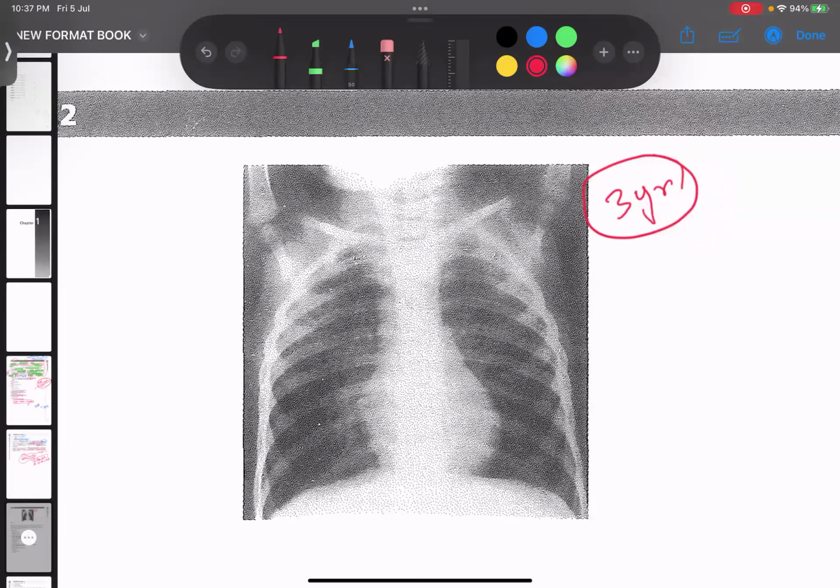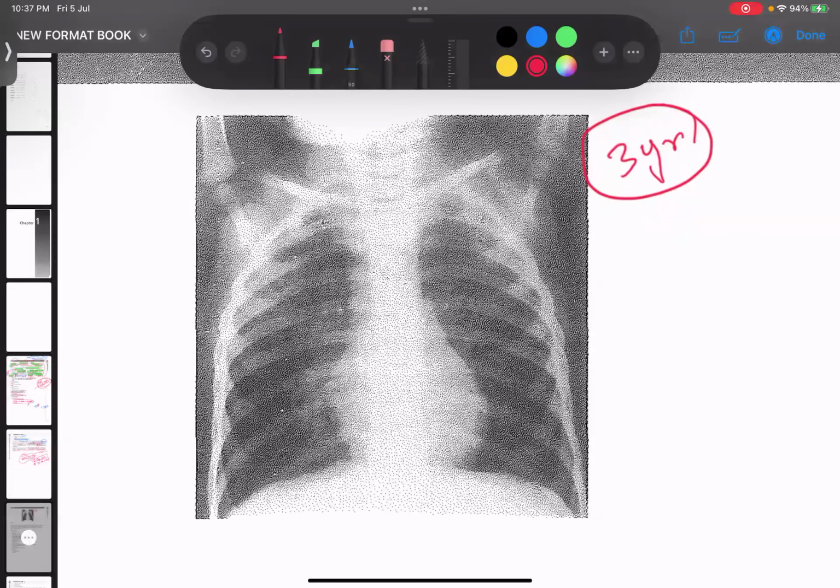Hyperaeration of lungs, ma'am. Okay, you're thinking hyperaeration. Let me count the number of ribs here. Yes, there is hyperinflation. What else? Steeple sign.